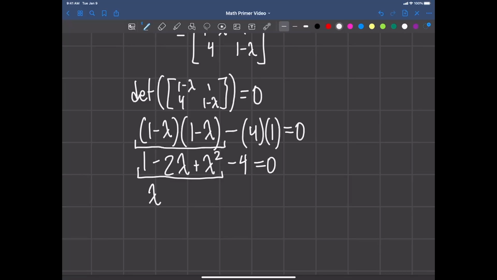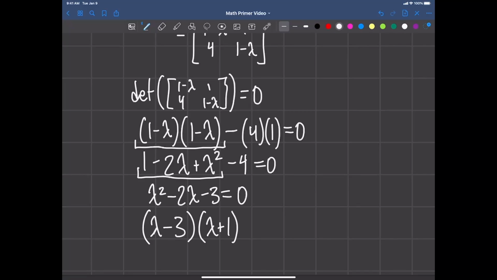So, to simplify this further, we get lambda squared minus 2 lambda minus 3 equals 0. And we can factor this out using some algebra. Lambda minus 3 multiplied by lambda plus 1 is equal to 0.